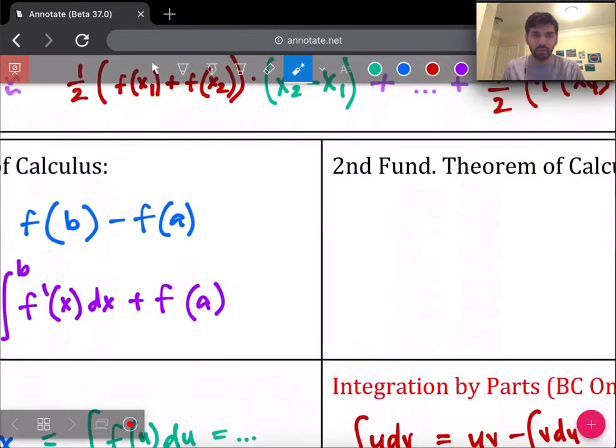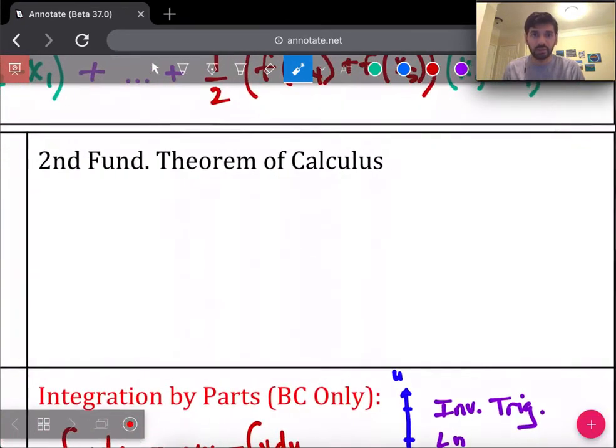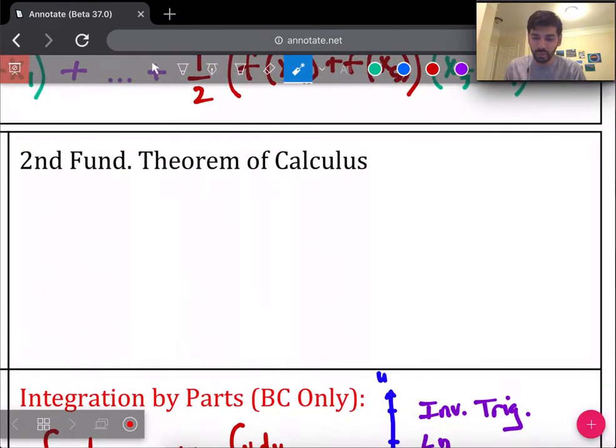Okay, let's move on to the second fundamental theorem of calculus. This is also pretty commonly used or applied. The way you recognize this one is if you have some constant for your lower bound and you have a function g of x as your upper bound.